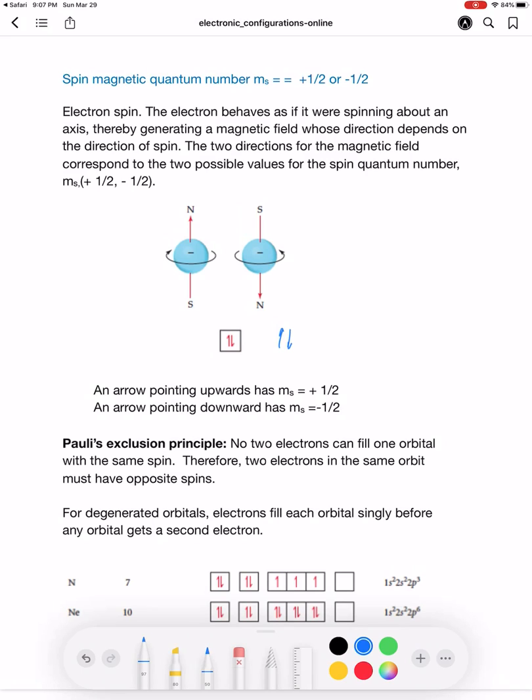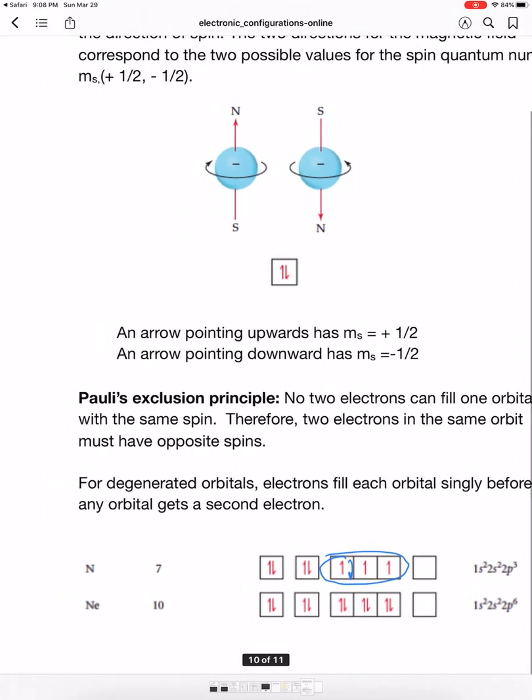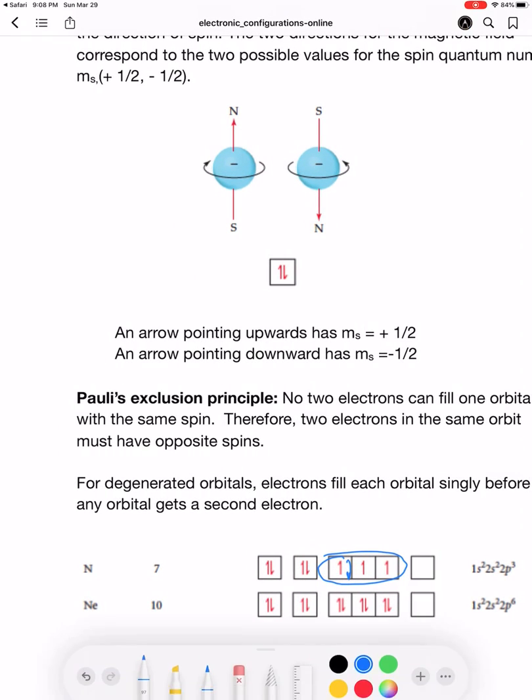So there's a spin quantum number for each one of them, plus 1/2 or minus 1/2. I also told you in class that when you start filling the orbitals, you fill all the orbitals singly before you start pairing down if you need to. So you fill each orbital with a single electron before you start pairing. We discussed this in class. Okay.